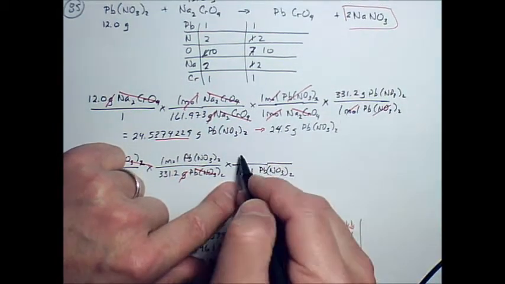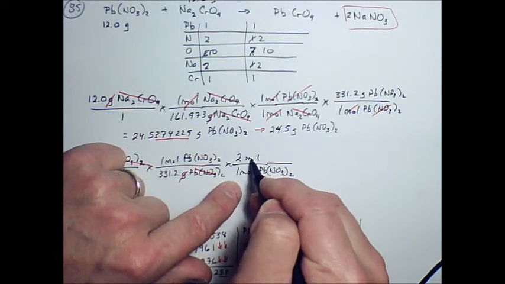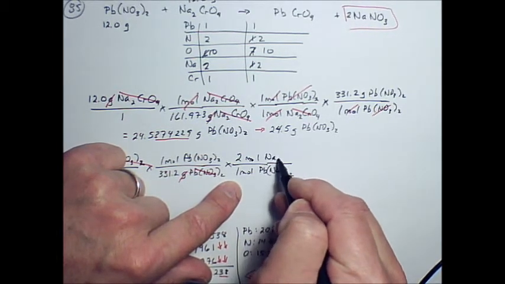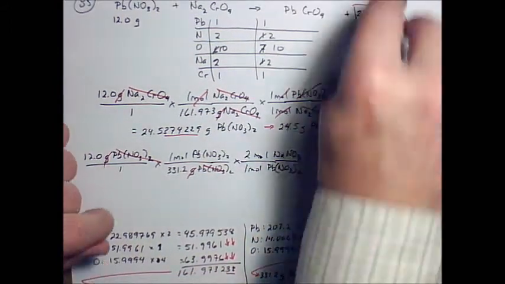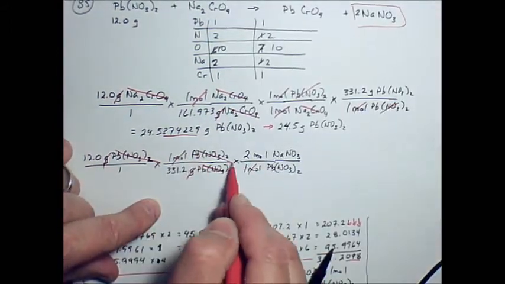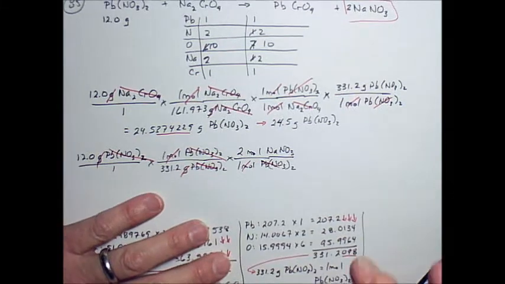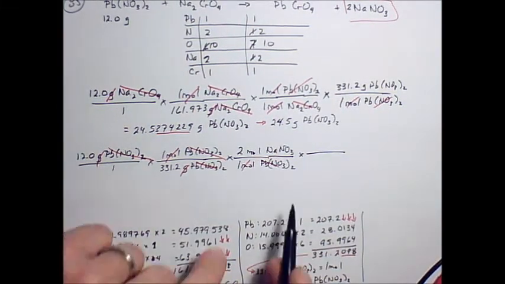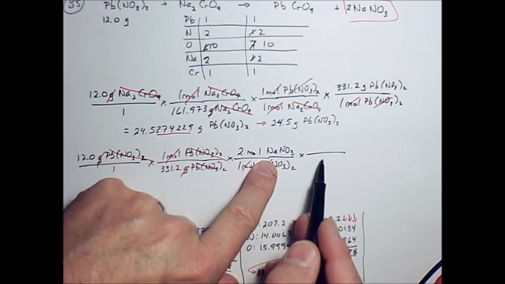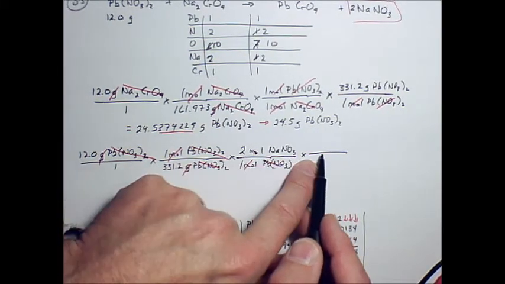Yes, sodium nitrate. 2 moles of the sodium nitrate. Okay? Cancel units. Cancel species again. And now we need to find the molar mass of this in order to get back to grams.